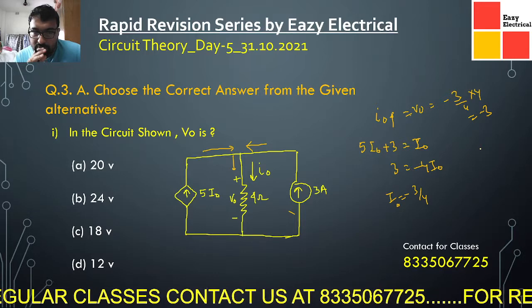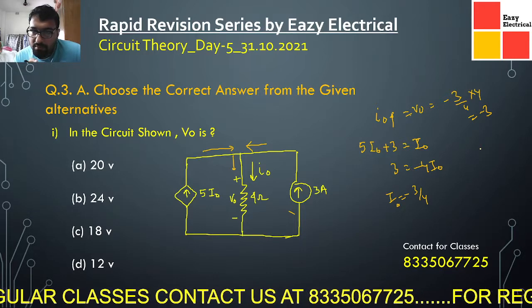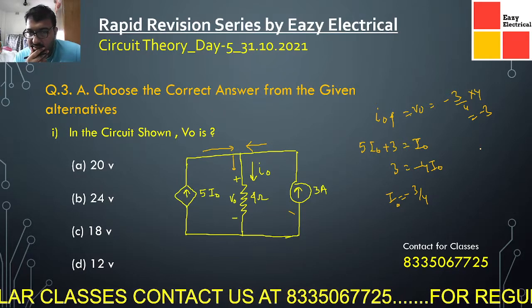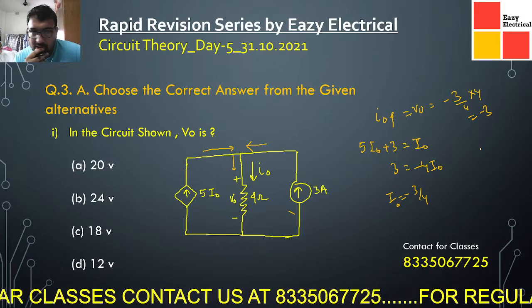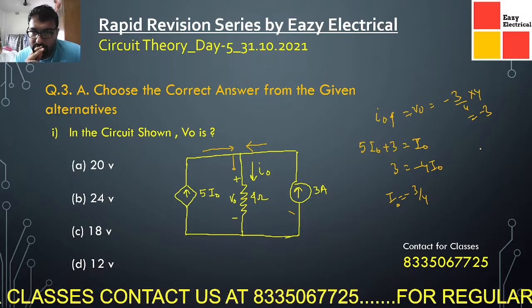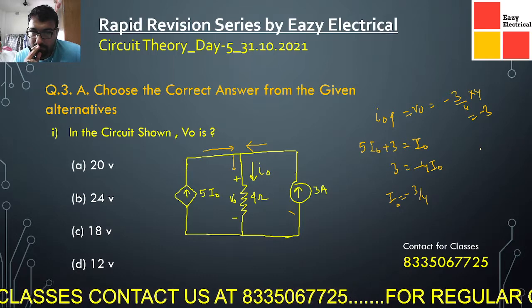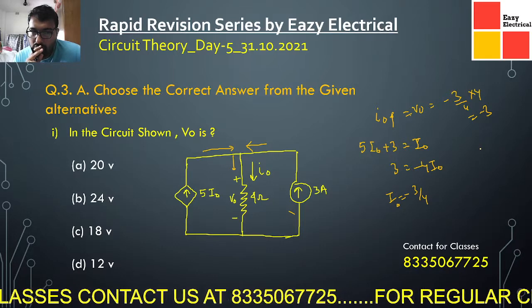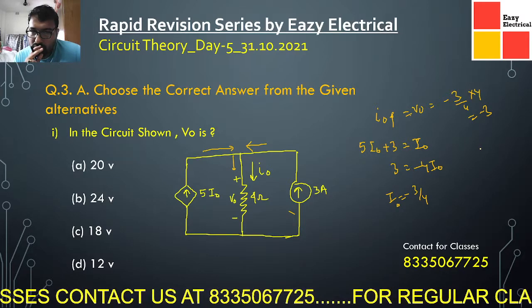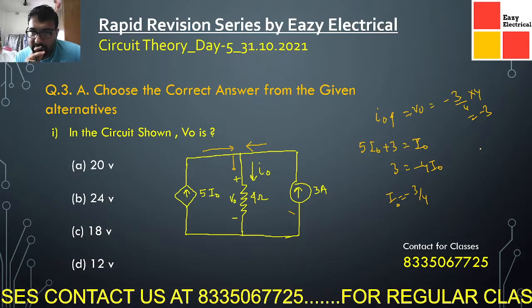Some mistake is there. Don't write this, because I naught into 4 is the voltage drop. That has to be 5 I naught and 3. The current source is there in this direction.